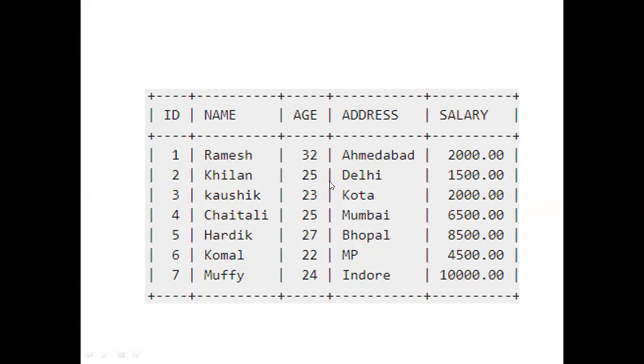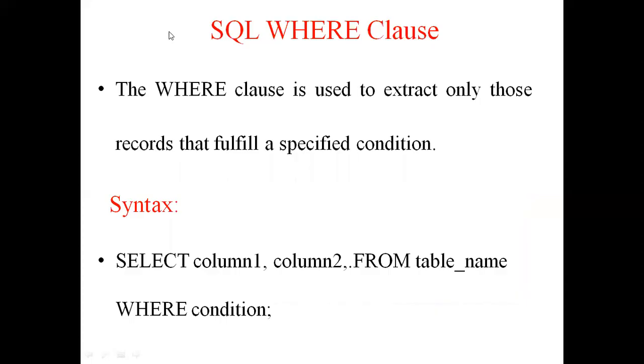All this we can do by using one more keyword called where. Suppose I want to display the record of a person whose ID is 4. For that you have to use the where clause.